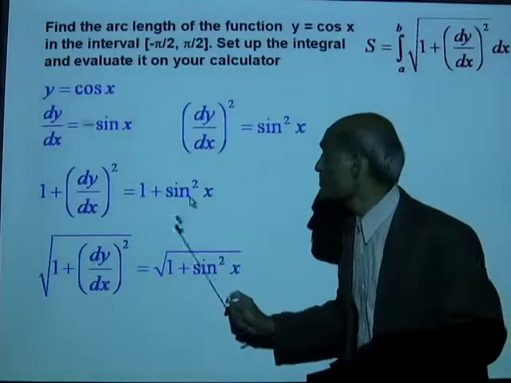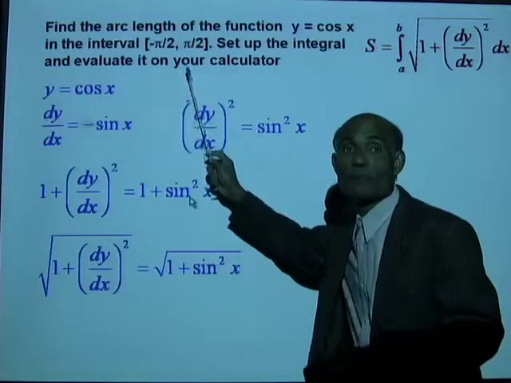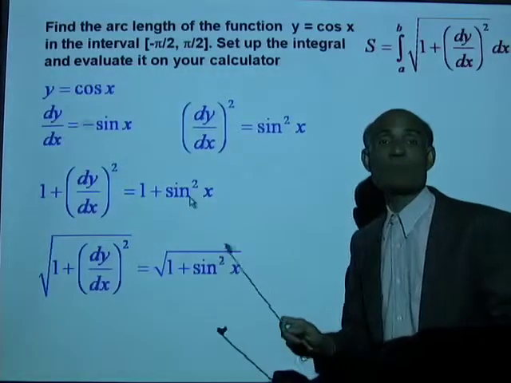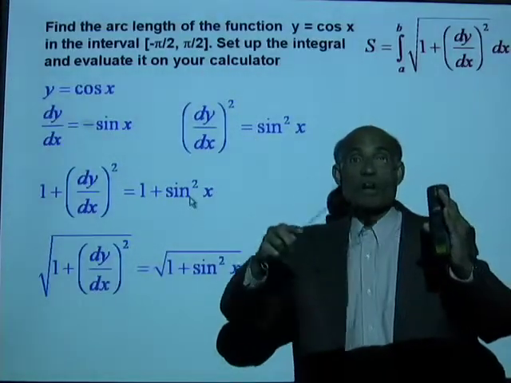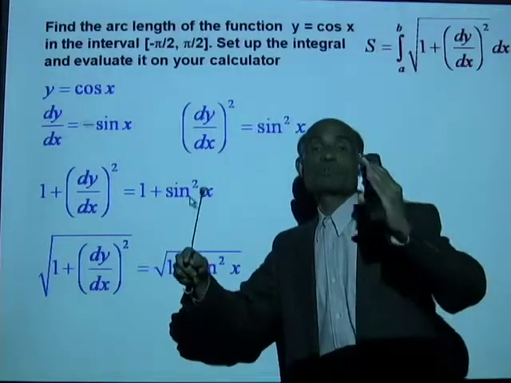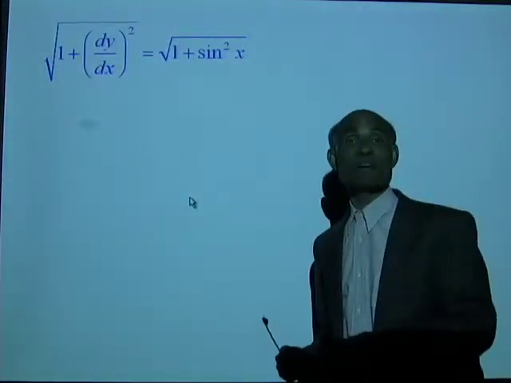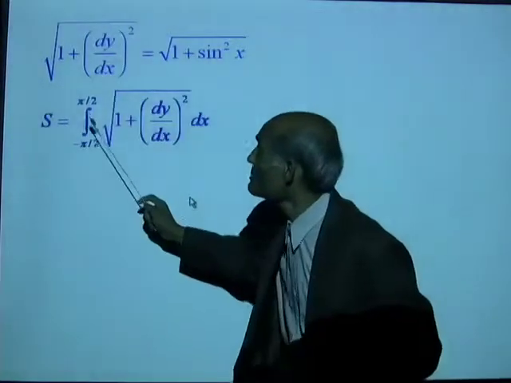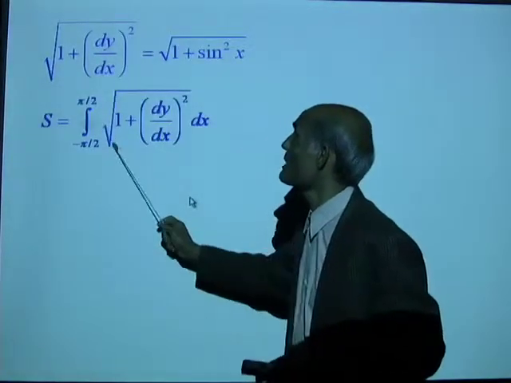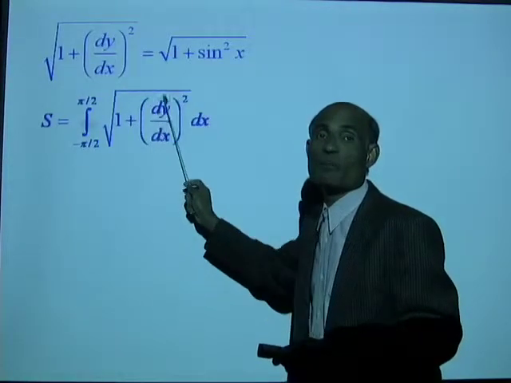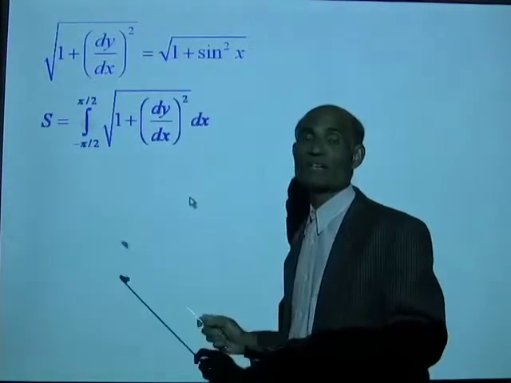We now need to integrate this from x equal to negative pi by 2 to x equal to pi by 2 to get the length of the arc. So s equal to the integral from negative pi by 2 to pi by 2 of square root of 1 plus dy by dx all squared dx.